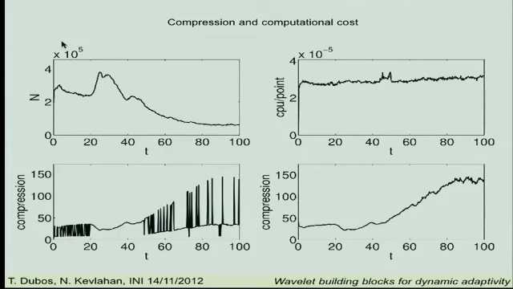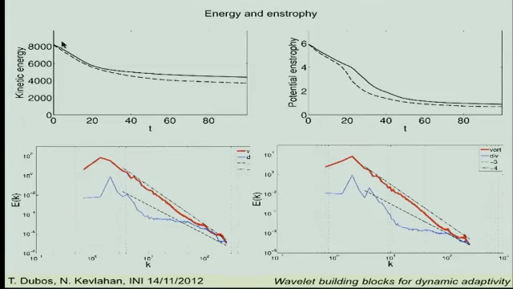So in that case, we still get a compression ratio of a few tenths, depending on how we compute. And that's the computation time per degree of freedom, which is constant. So the cost is linear in the number of degrees of freedom.